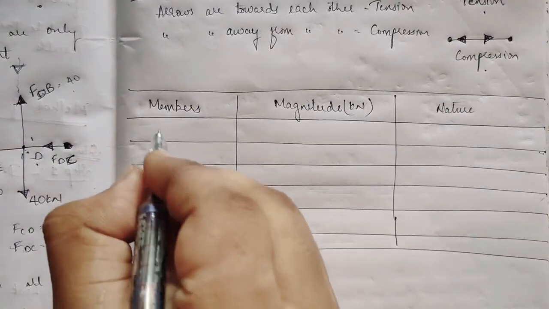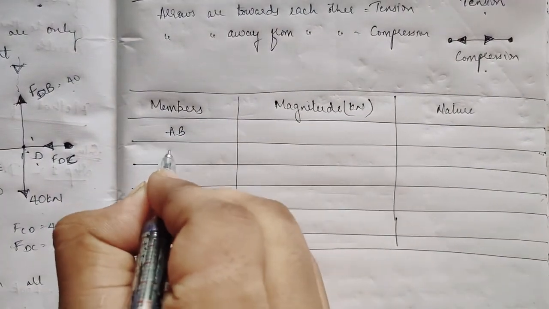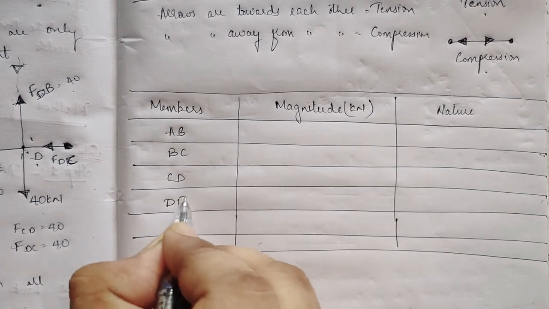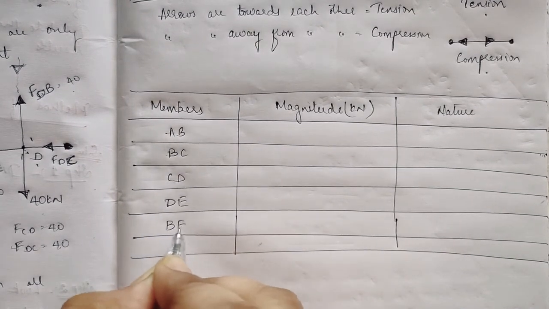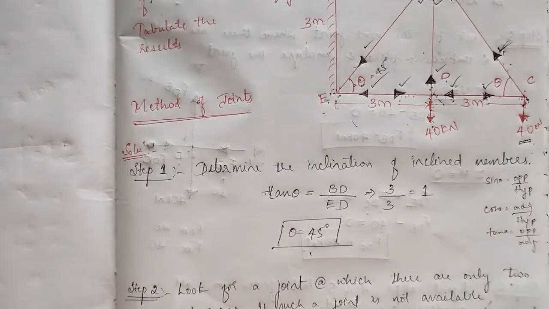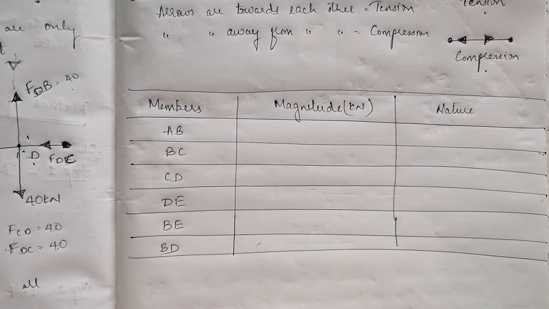Okay, I'll write the members. Member AB, member BC, CD, DE, BE and BD. We have 6 members. So what are the forces? Forces are what you have calculated here.